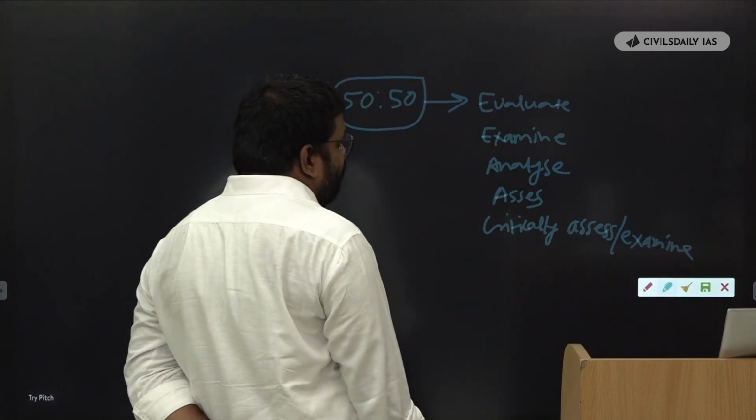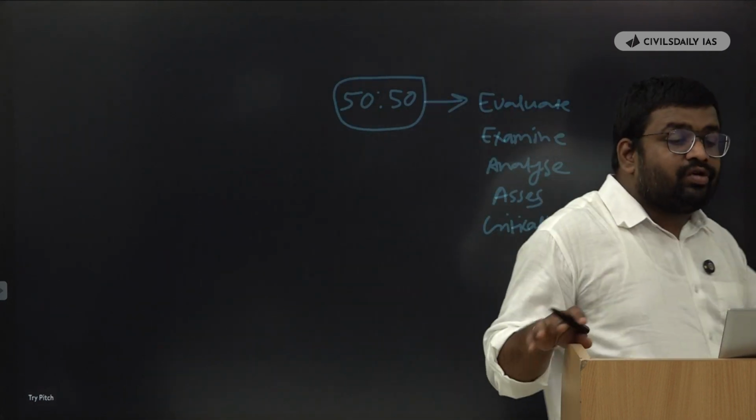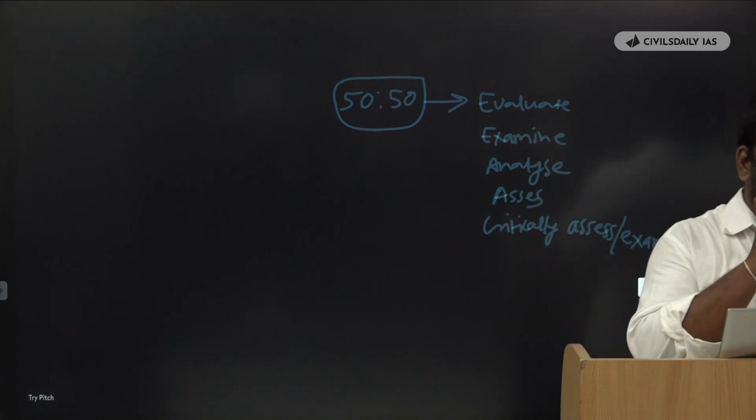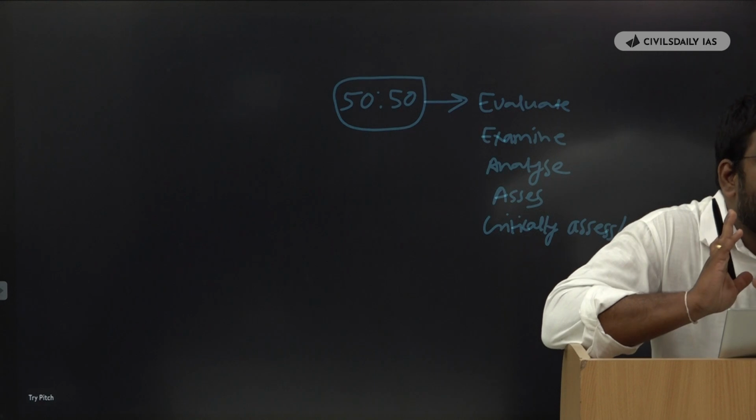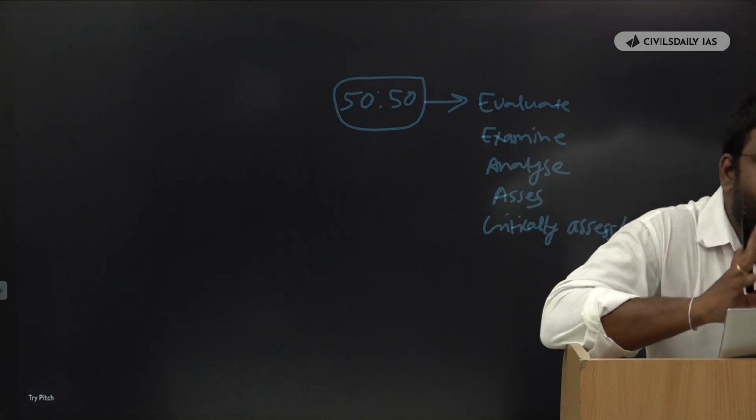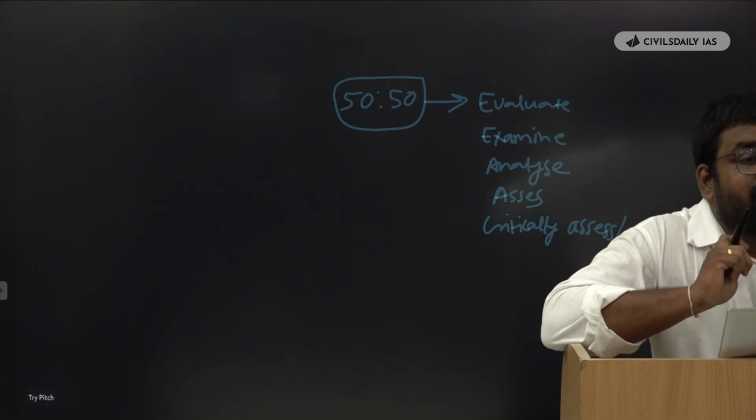So when these directives are there, you will be giving equal weightage to the arguments in favor, the positive side, and arguments against, the negative side. Okay, it's about the space management.